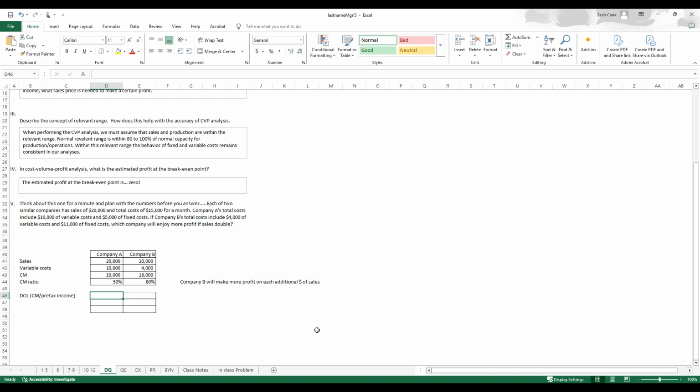So again, contribution margin divided by pre-tax income. The pre-tax income is $5,000 for both these companies, right? We had 20,000 sales minus 15,000 total costs. And we'll just drag our formula over because it was the same 5,000 for both.